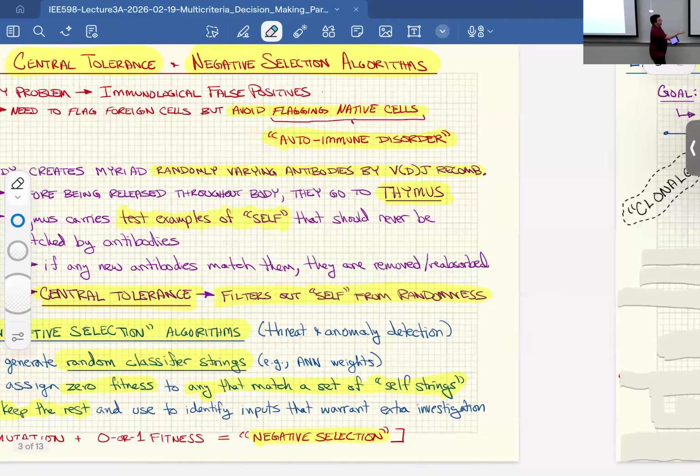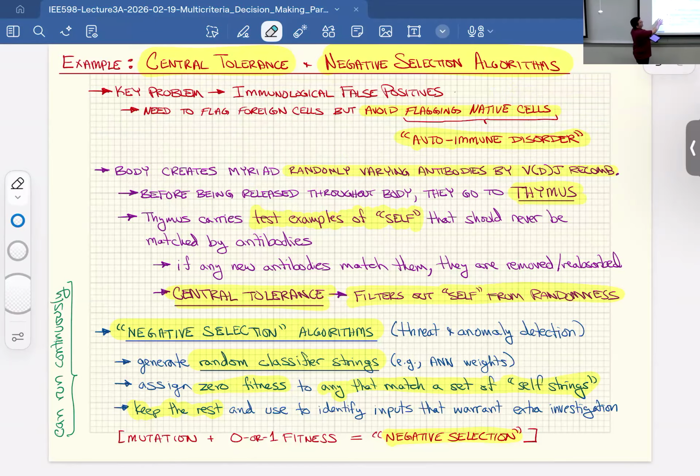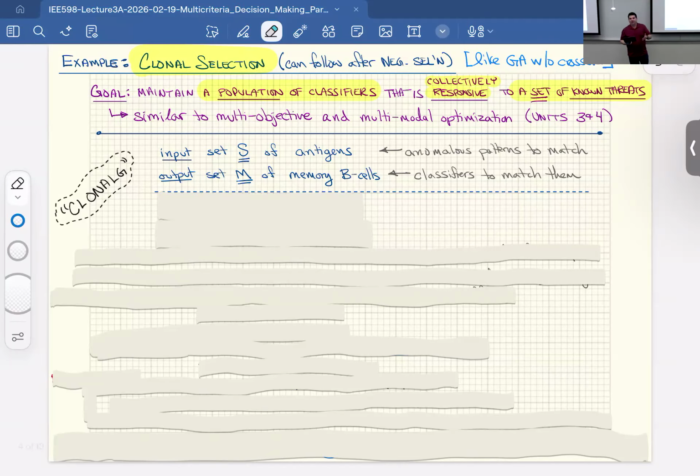Negative selection was: I have known goods and I want to reduce my false positive rate. Now I want to reduce my false negative rate. If I start building a library of known bads, how do I reshape my antibodies so that they're best suited to catch all of those known bads? That's clonal selection. It's a more positive selection.